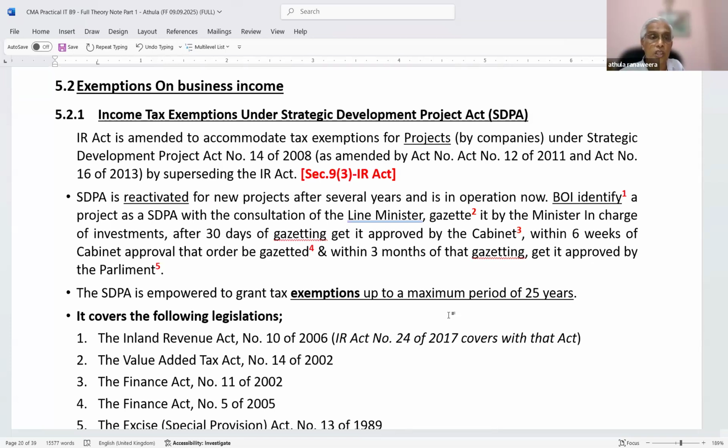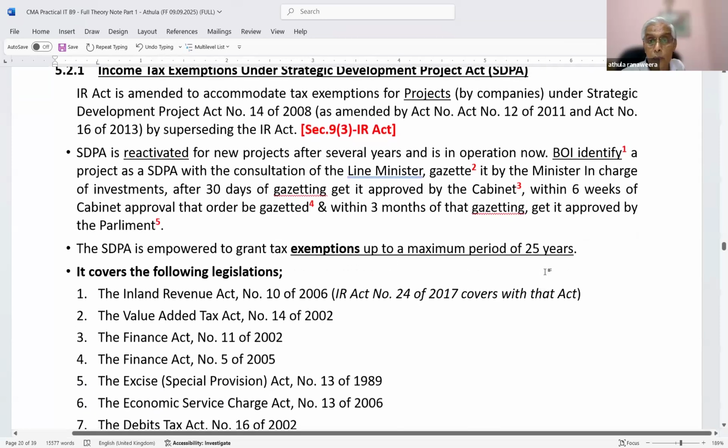Again, with the government change, after the change, they restarted the operations. Now, still, this is there, everything depending on the approval. Now, we'll see the approval process. Strategic Development Project Act is reactivated for new projects after several years and is in operation now.